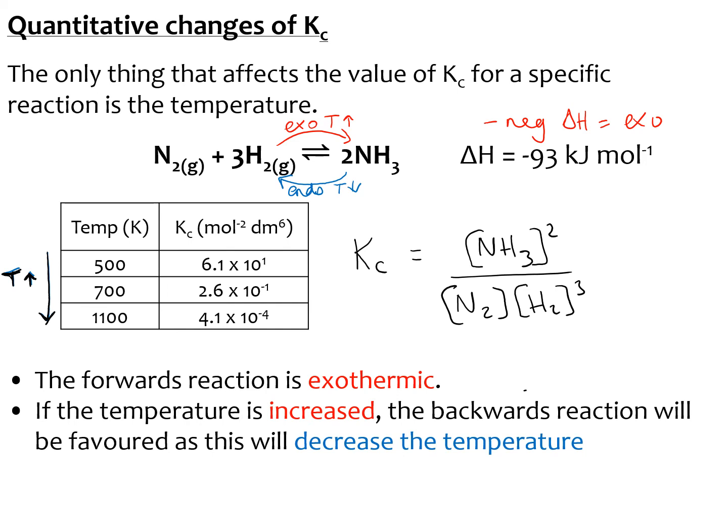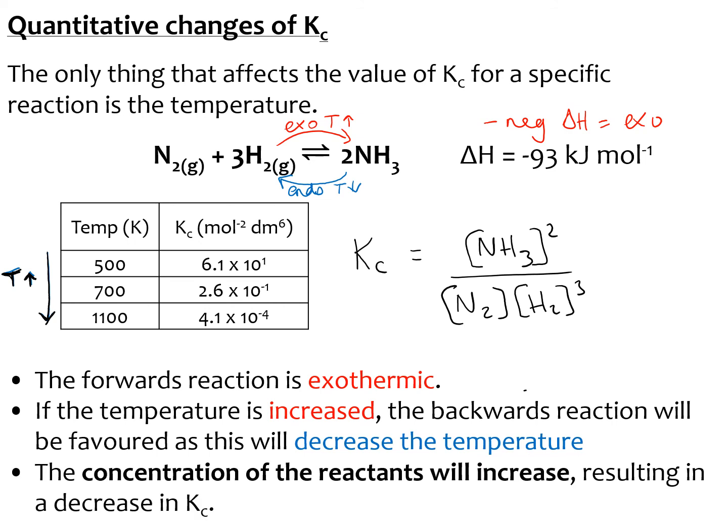And so if the temperature is increased, the backwards reaction will be favoured because that is endothermic and it will decrease the temperature. So if we increase the temperature, the endothermic reaction will be favoured. Now, if we favour the backwards reaction, that means that we are making more of the reactants, and the concentration of the reactants will increase.